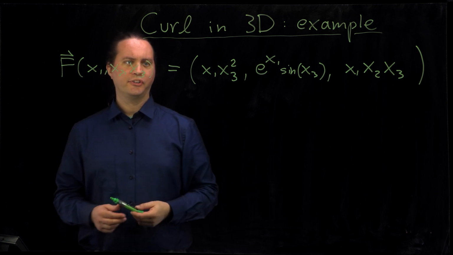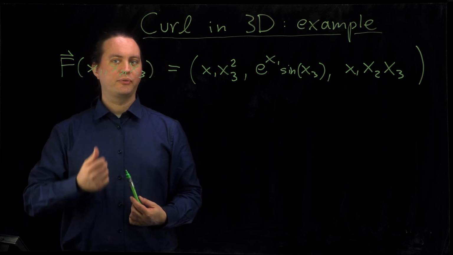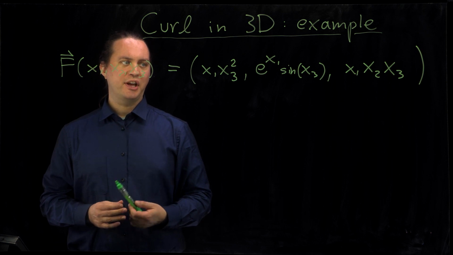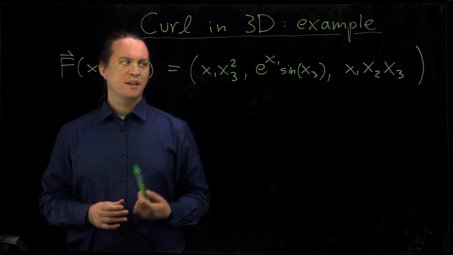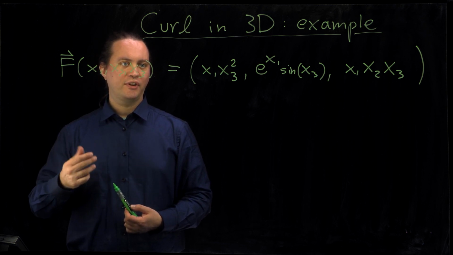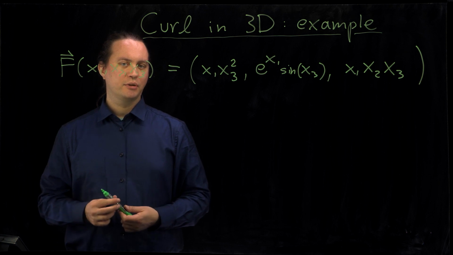The first component is x1 times x3 squared. The second component is the exponential of x1 times the sine of x3. And the last component is just the product of x1, x2, and x3. That gives me the 3 components.